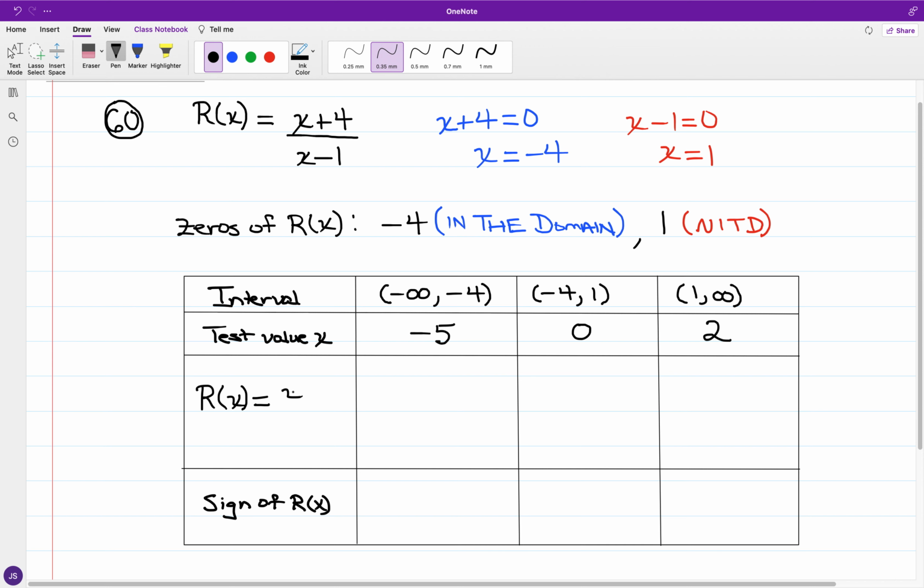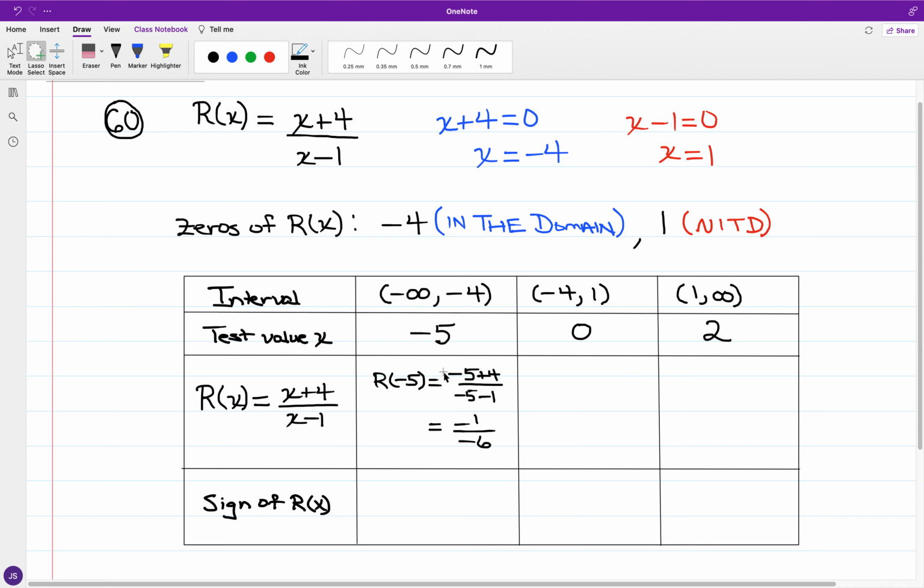It can be other values just as long as they fit the description in accordance with the interval. So with our rational function, x plus 4 all over x minus 1, looking at x at -5, we have -5 plus 4 all over -5 minus 1. -5 plus 4 will be -1, and -5 minus 1 is going to be -6.